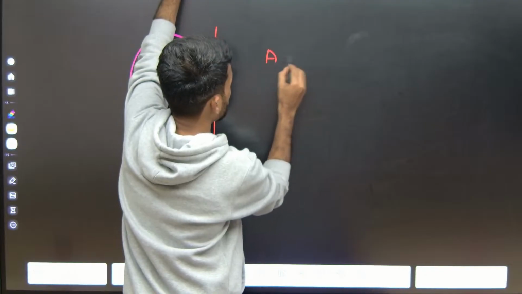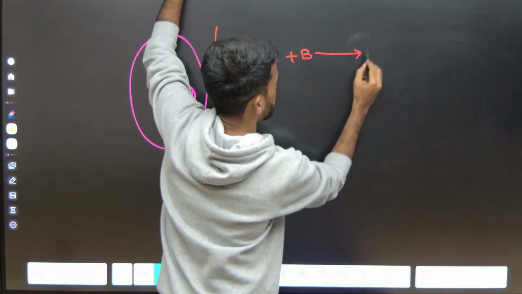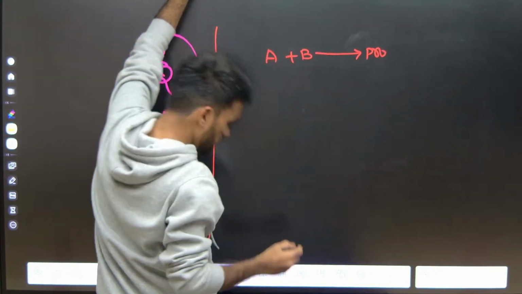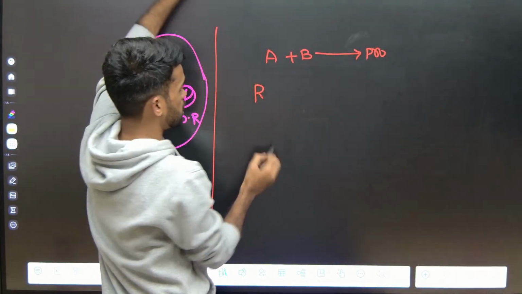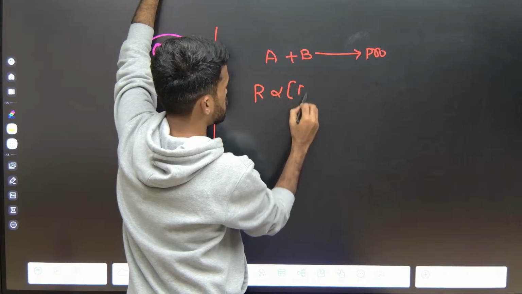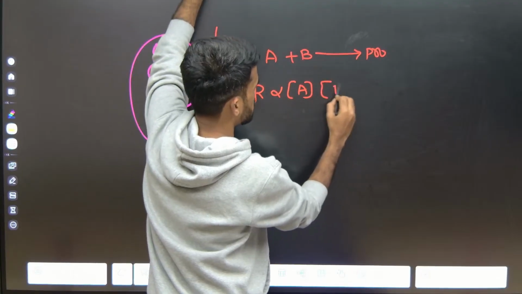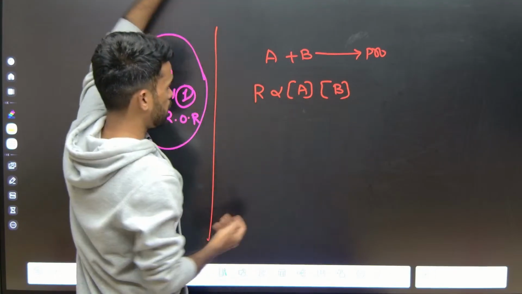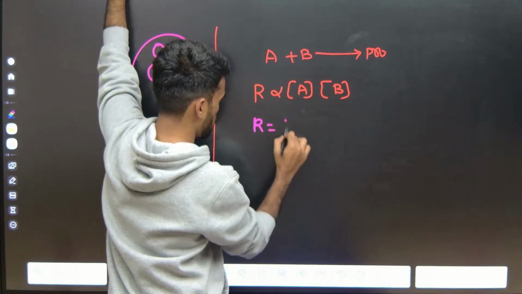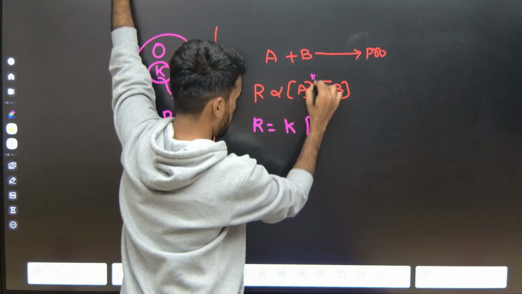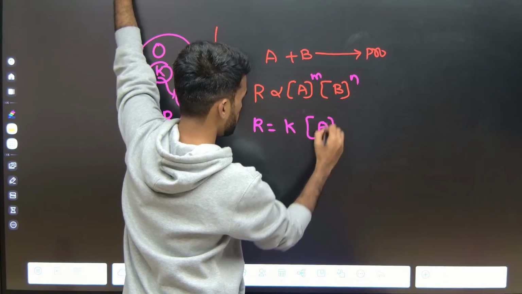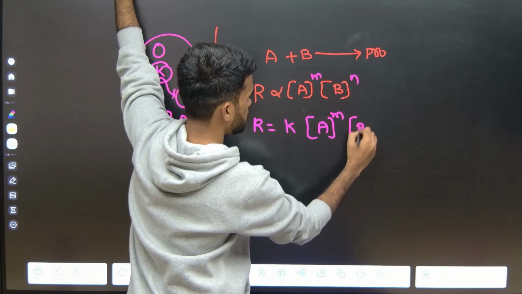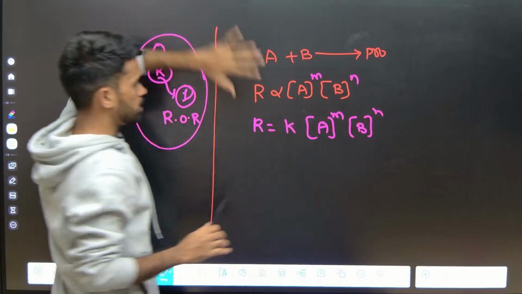See, I am saying A plus B gives some products. So here I can write that the rate of that reaction is directly proportional to the concentration of A and also the concentration of B. Replacing this proportionality with some constant K, having some orders M and N, the concentration of A to the power M and the concentration of B to the power N, this is how we are writing.